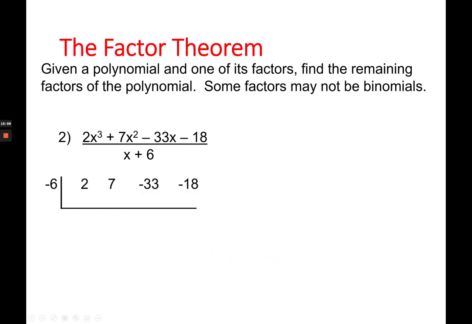Start your synthetic division, bring down 2. 2 times negative 6 is negative 12. Negative 12 plus 7 is negative 5. Negative 5 times negative 6 is positive 30. 30 minus 33 is negative 3. Negative 3 times negative 6 is positive 18. And you have a 0. Therefore, indeed, x plus 6 is a factor.